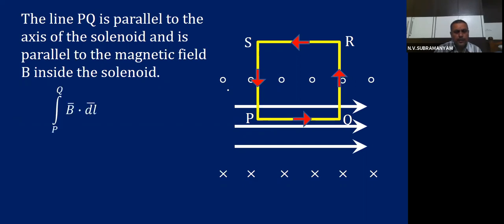So if I apply Ampere's law, the integral of B dot dl is equal to mu naught N L I. Why N L I, children? You know that one turn carries current how much? I. One turn carries current I, right or not?